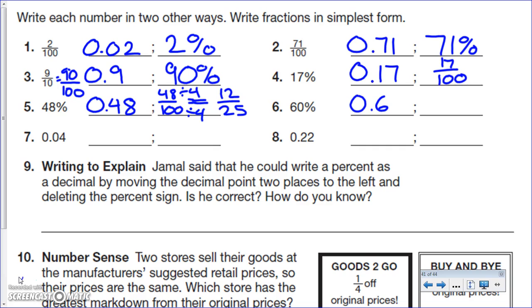Then we need to go to a fraction, so we can do 6/10, and then we're going to simplify. We know 6 and 10 can both be divided by 2, so we're going to do that, and we'll get 3/5.